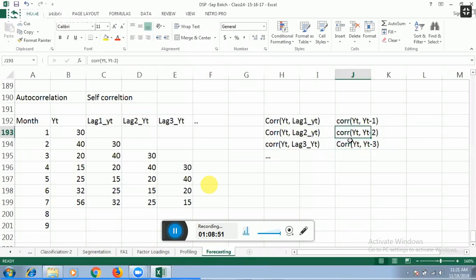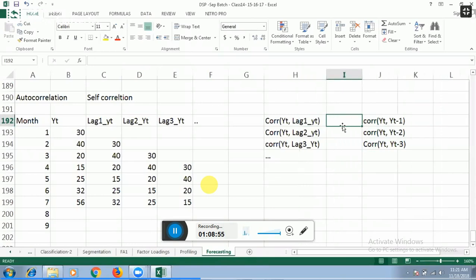Suppose you are getting autocorrelations like 0.3, 0.7, 0.2. What does this mean? It tells me that my current value has a strong relationship with the previous to previous value. Am I correct or not?